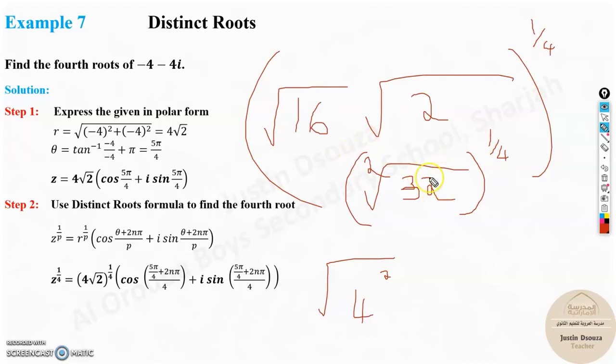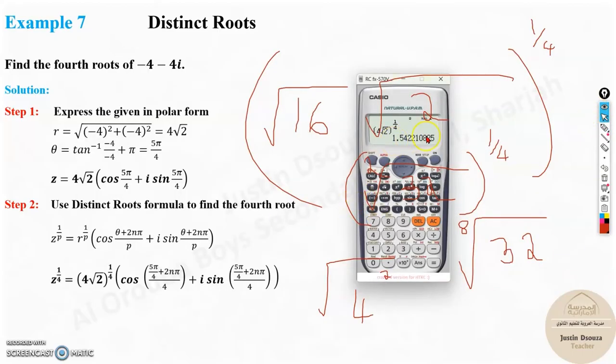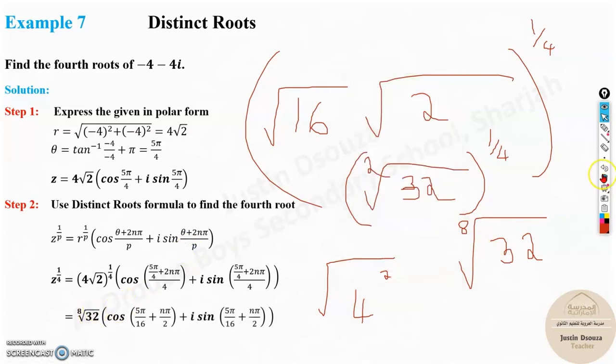Up will be powered over here, but it's 1, leave it. 4 will be multiplied over here. It will be 8. 4 times 2 or 2 times 4 is 8. 32. This is the answer. Let's check the answer. We had got 1.54. Now I will take over here shift and this symbol. What is it? 8 and 32. You can see the answer will be the same. So that is the answer.